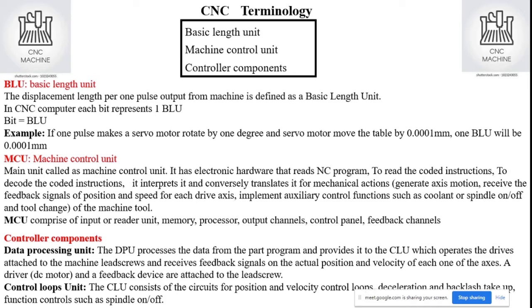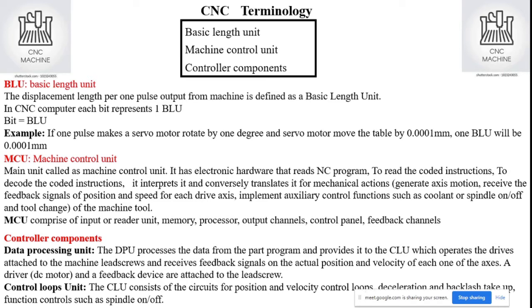So here 1 bit is equal to 0.0001 mm. That instruction is converted into a displacement length, which is 0.0001 mm.